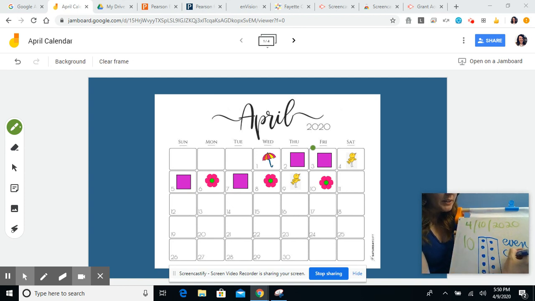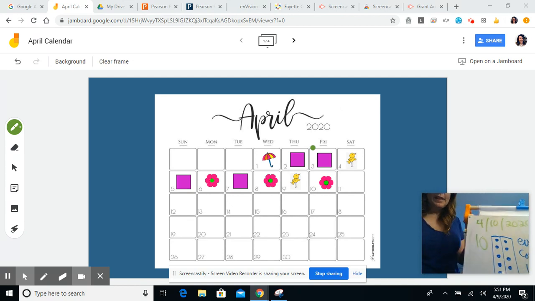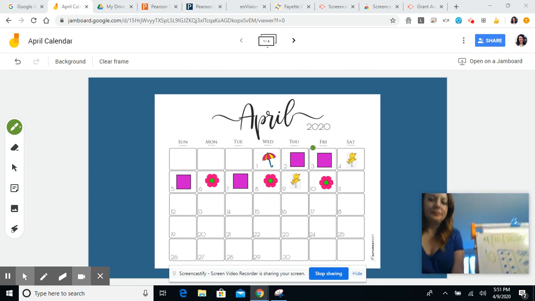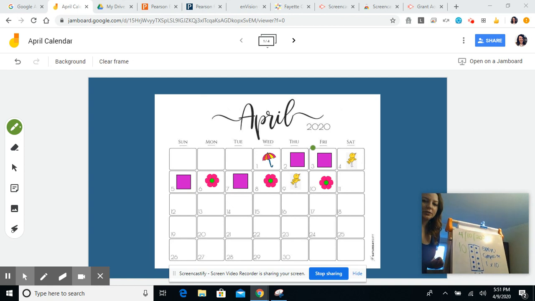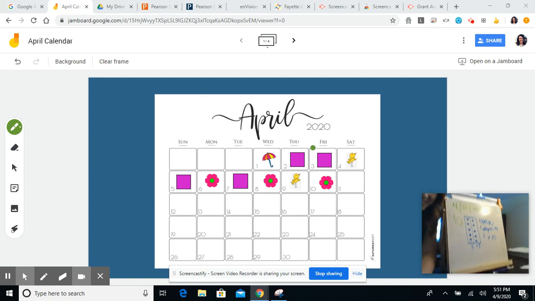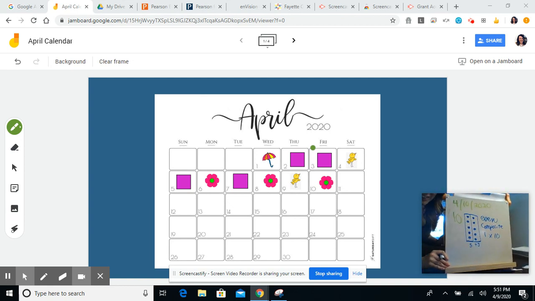Now, I can also say that this number is composite because it has more factors than 1 and itself. I can say 1 times 10 is 10. Technical difficulties. Okay, 1 times 10 is 10, but I also have 2 other factors that can multiply together to equal 10.